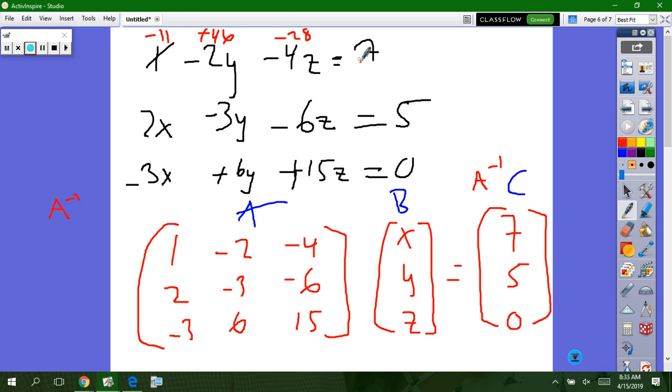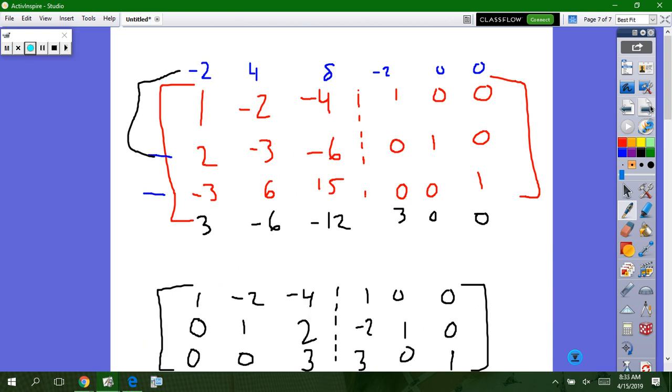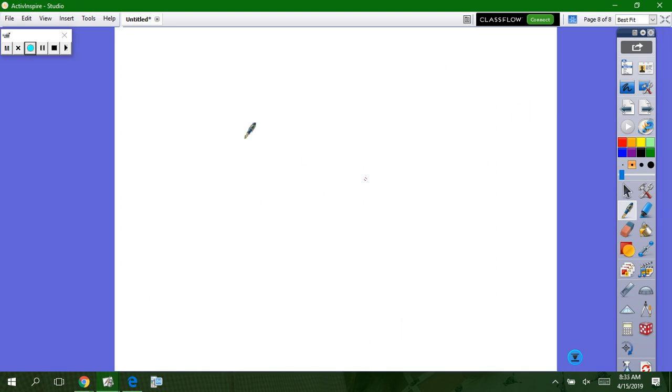My question is, does every matrix, are you okay, Greg, with that? All right. Does every matrix have an inverse? What if it was a 2 by 3? What's the inverse of a 2 by 3? Well, what do I attach it to?